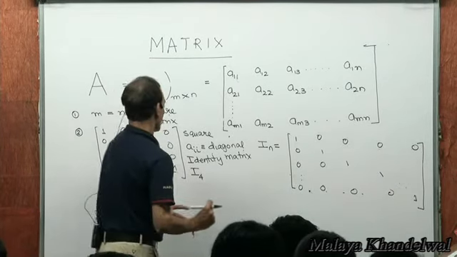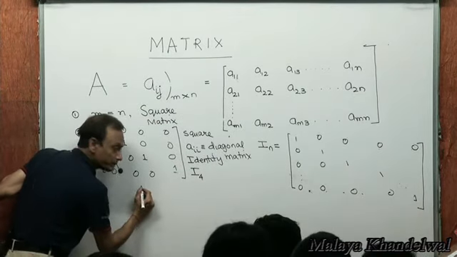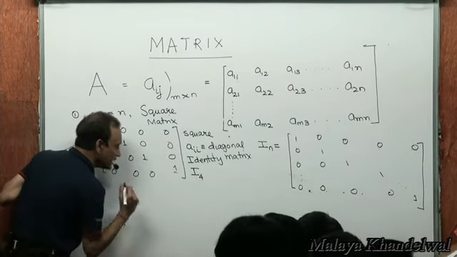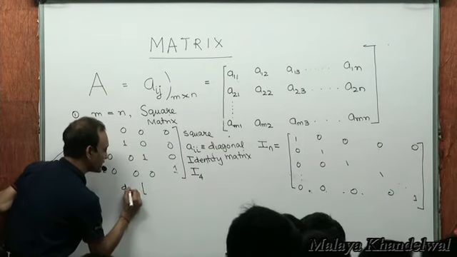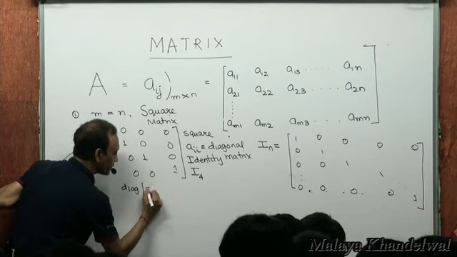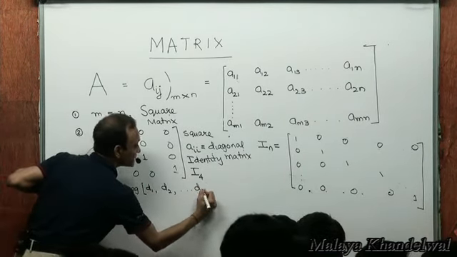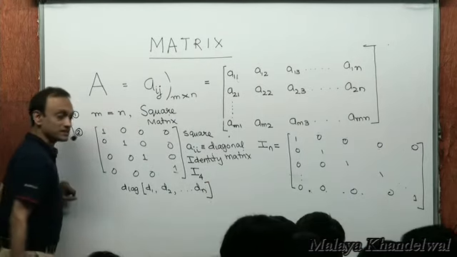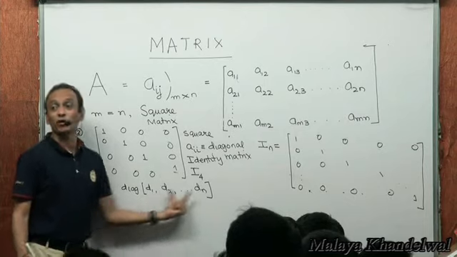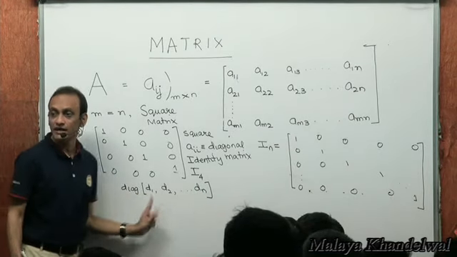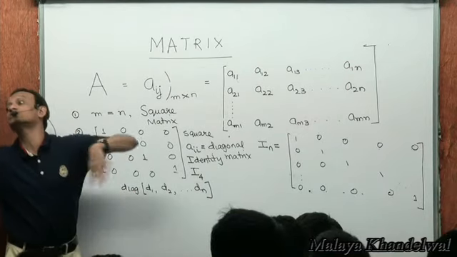In general, if the diagonal elements are D1, D2, say Dn, and the rest of the elements are 0, we sometimes write that matrix as diag(D1, D2, ..., Dn). A matrix that only has diagonal non-zero elements and everything else 0 is a diagonal matrix.